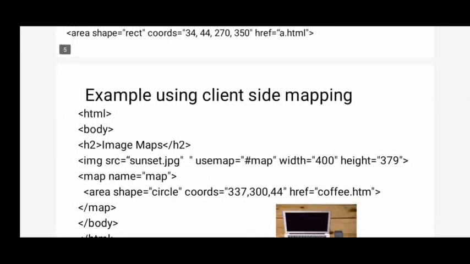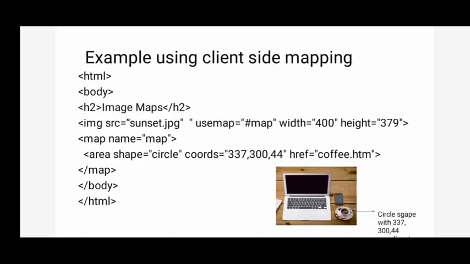See, here I have given one example program. In the example program, you see HTML, as usual, is the first tag to appear in an HTML document. Immediately after that, I have given the body tag. Inside the body tag, I have given H2, for a heading, and the level of the heading is 2.